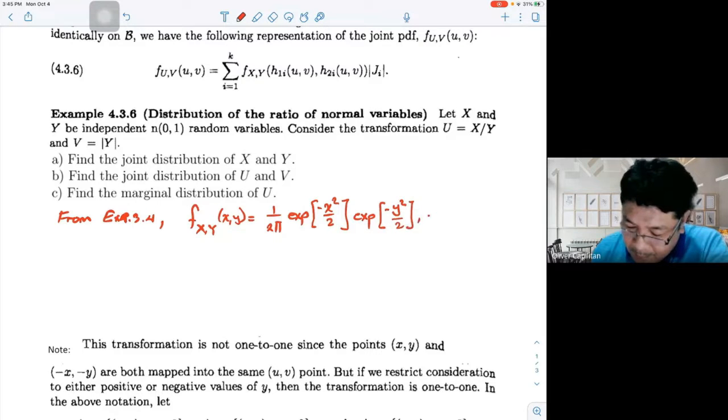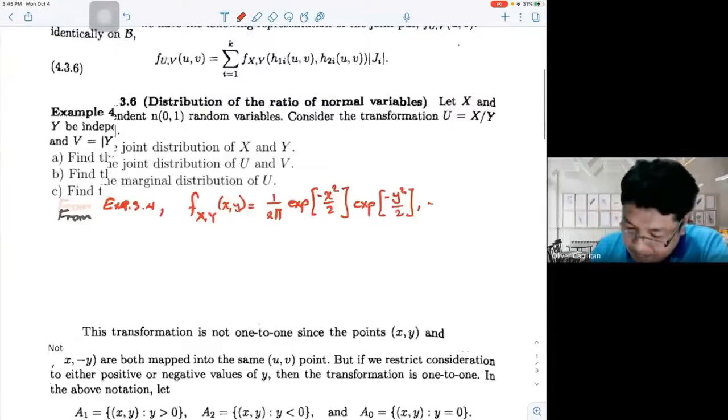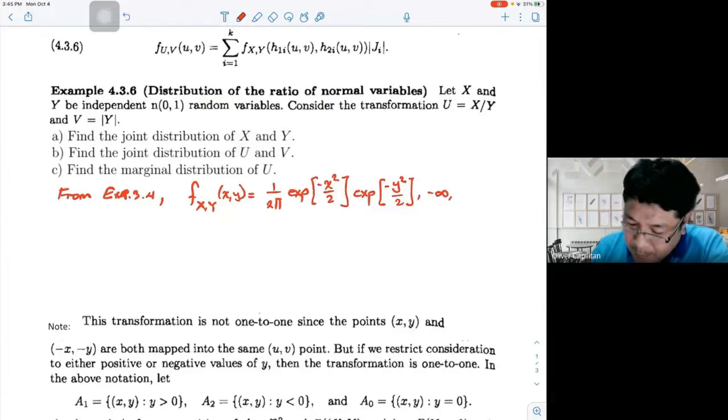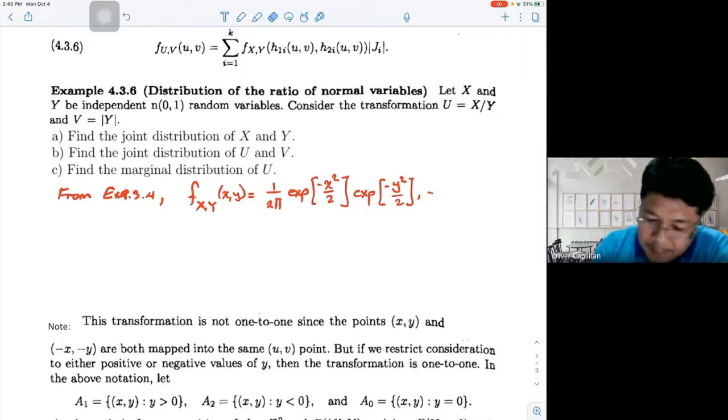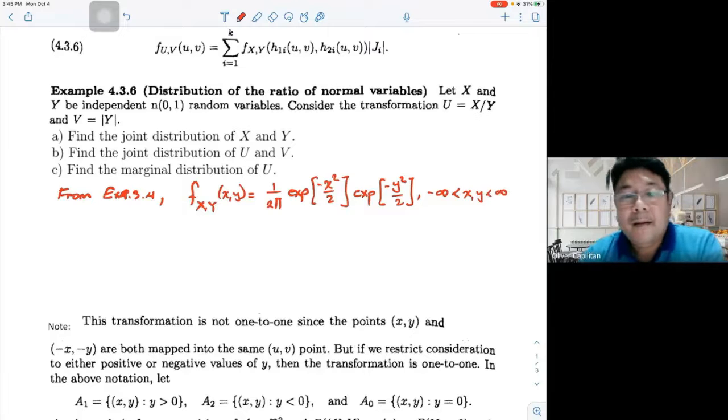And we need to write the support for this joint PDF: x, y from negative infinity to positive infinity.